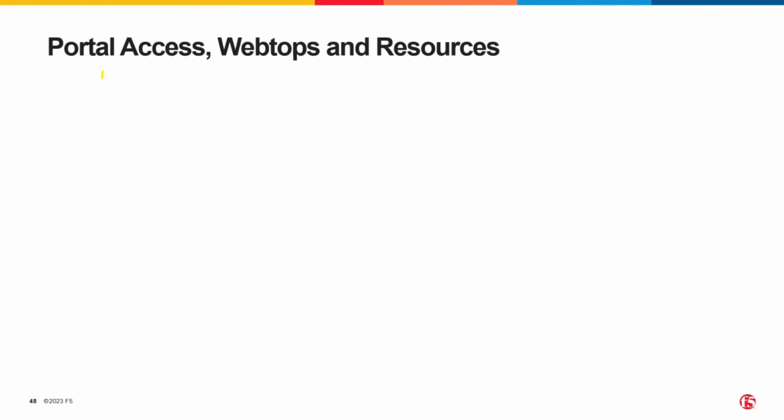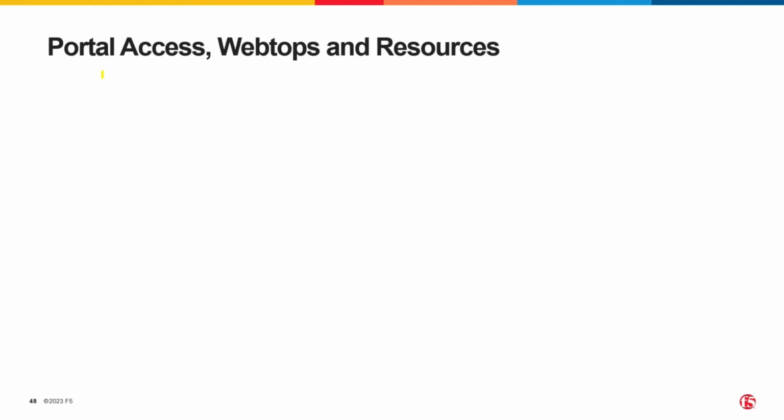Anyway, let's try to talk a little bit more about how to customize our policy, what can be configured there, what kind of different types of access we can use for our virtual servers, what kind of webtops or those landing pages we can create, how those resources to which we will gain access will be configured.